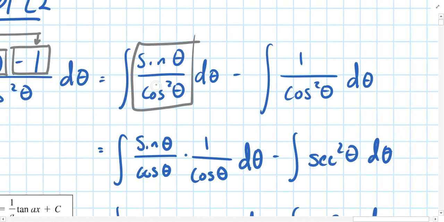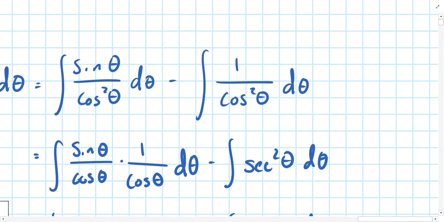This time I'm going to treat this like sine theta over cosine times 1 over cosine. The product of these two fractions, of course, is sine over cosine squared. And this one on the right-hand side, I'm going to recognize that this is just the reciprocal of cosine squared. This is the fraction flipped over. And the reciprocal of cosine is also known as secant. So the reciprocal of cosine squared is going to be secant squared.